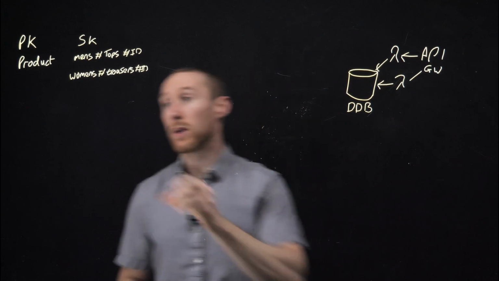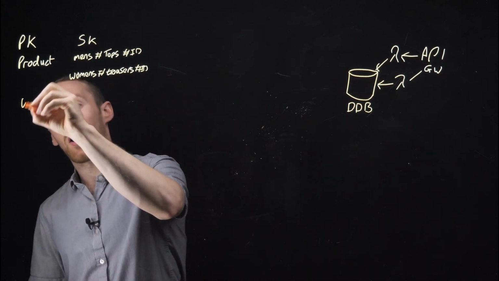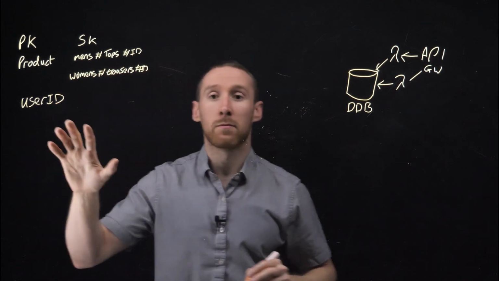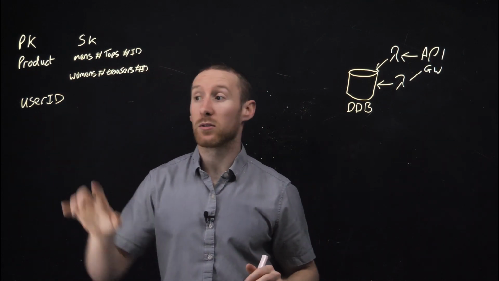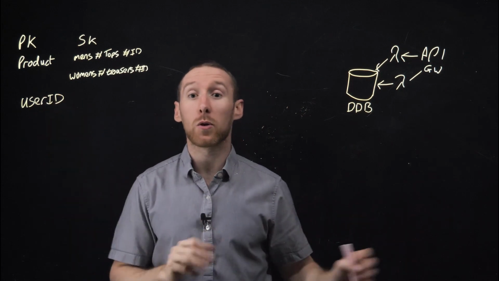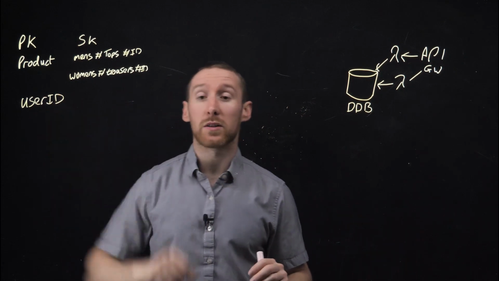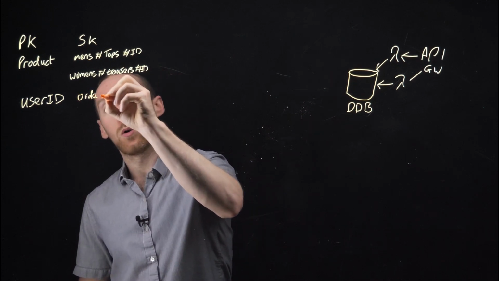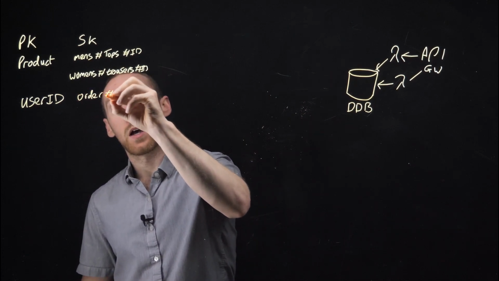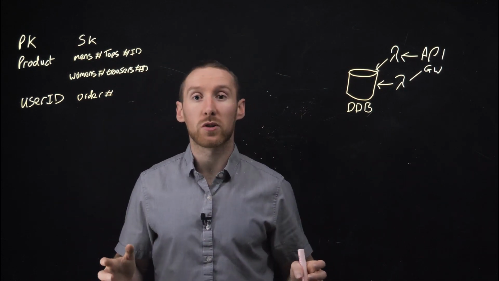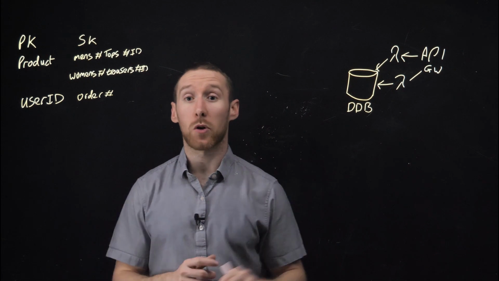For these orders, we're going to have a partition key of user ID, and that's because we want to be able to say, get me all details for the user, and that will include their orders. But in our sort key, we can go order hashtag. And then after this, we might want to be able to sort orders based on time.